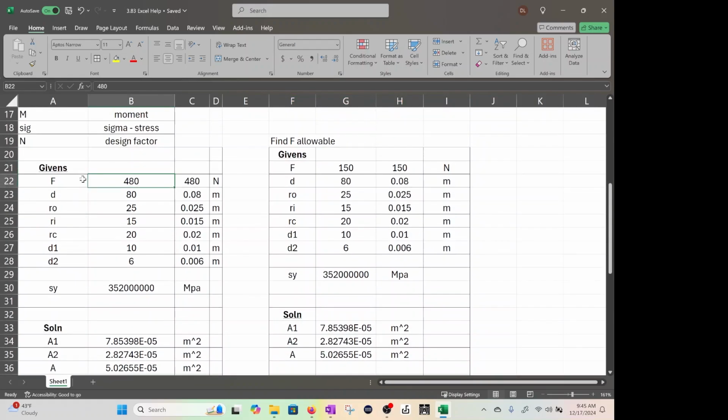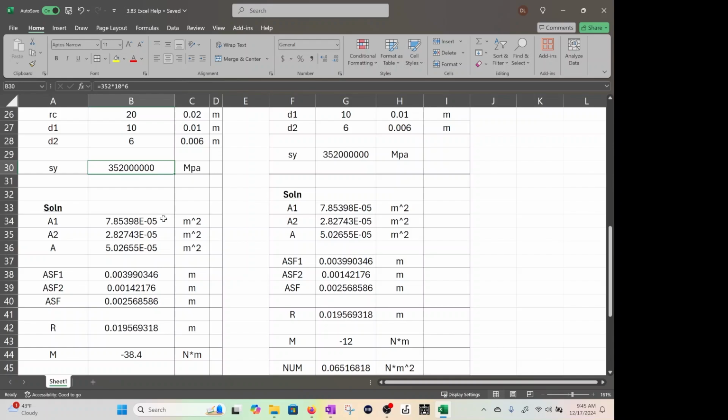So here I put my givens, so F, D, RO, RI, RC, D1, and D2, and I converted them to meters over here, okay? Here's my sigma, my SY, my yield strength. Then here I get into the solution.